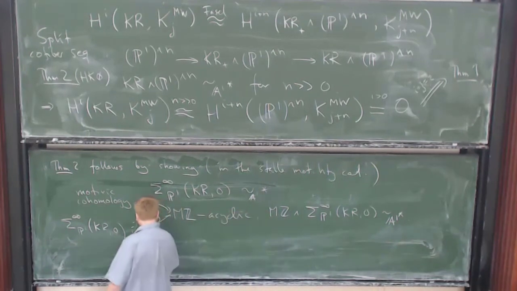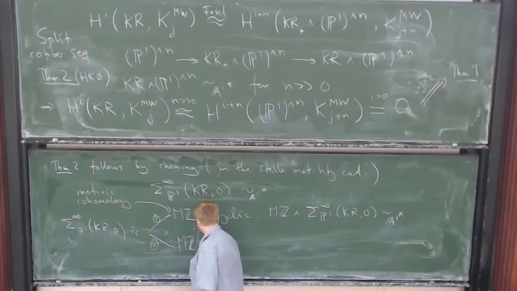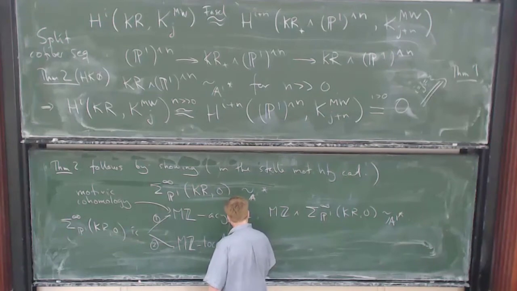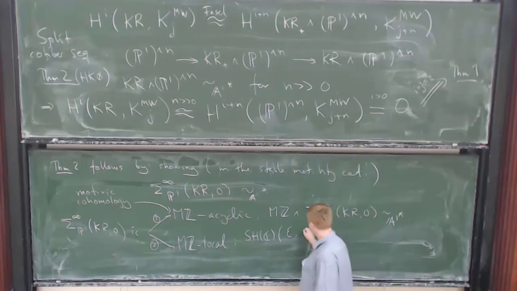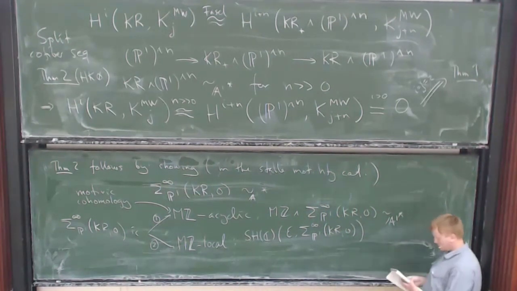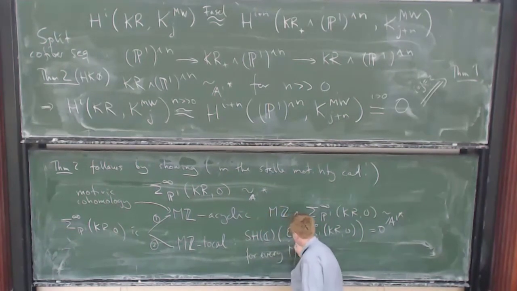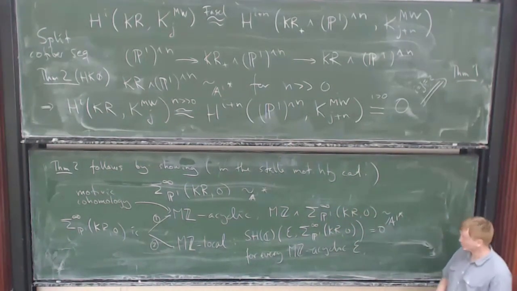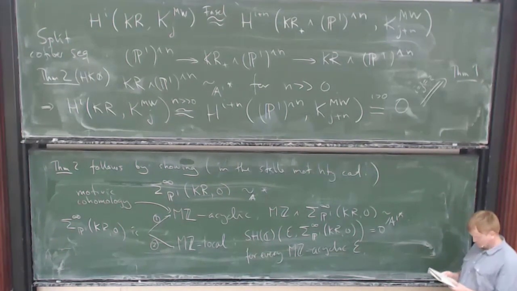And secondly, it's MC local. MC local means the following: when we look at maps, say in the stable homotopy category over the complex numbers, from some E into the suspension spectrum of K_r, well, this here is 0 for every MC acyclic E. Acyclic and local is just in the sense of Bousfield in the classical situation.